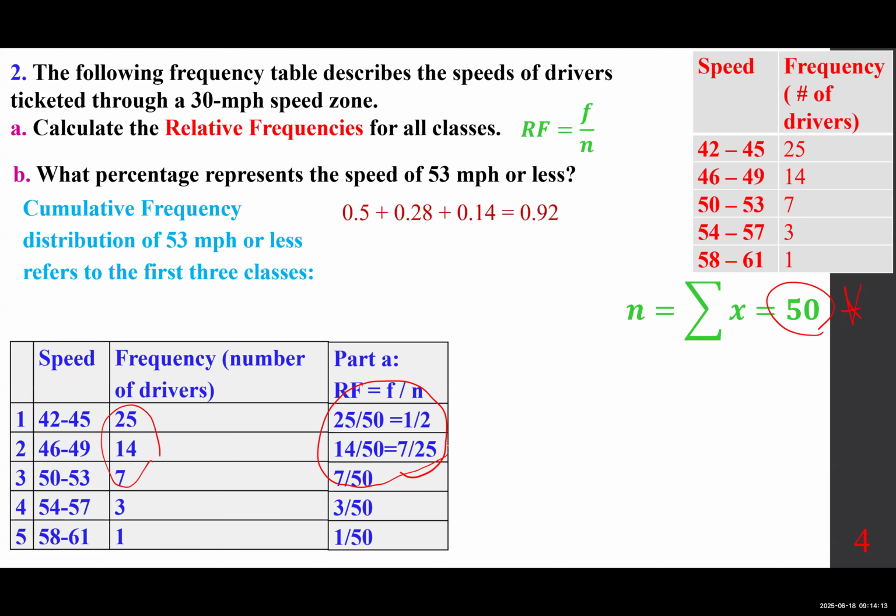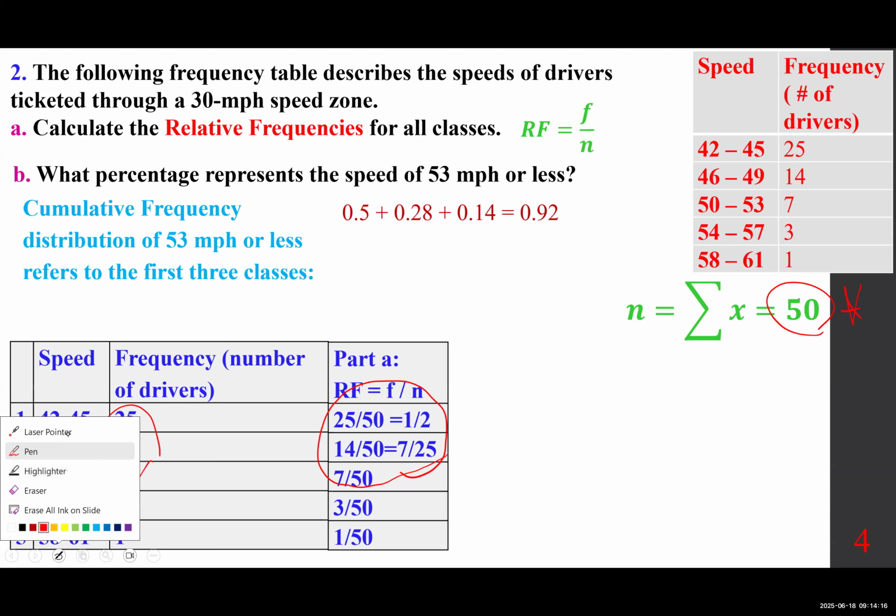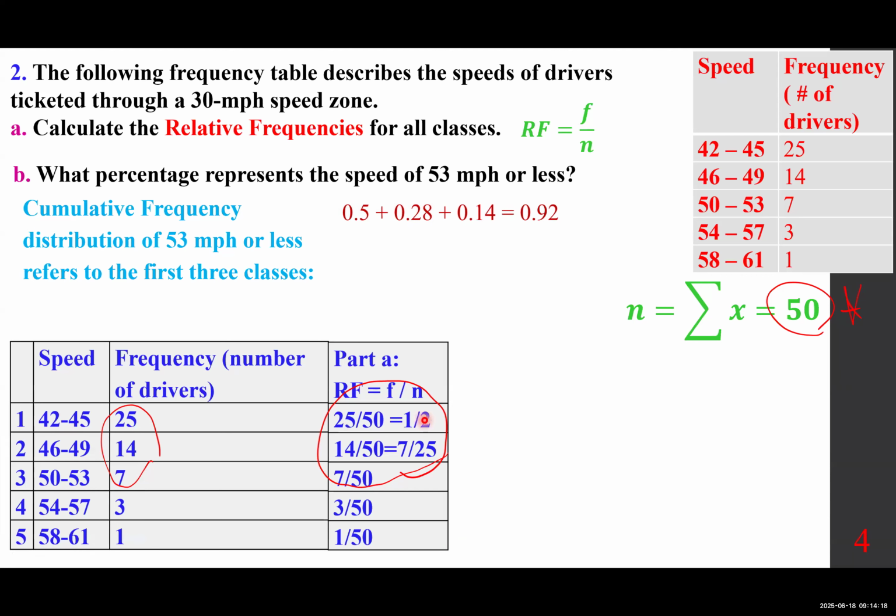Okay. And so what do we get here? 25 over 50 is 1/2 or 0.5. 14 over 50 or 28 over 100, 0.28, 7 over 50 or 14 over 100, add them up, 0.92. This happened to be exact, so it's not a big deal. Or as I said, just add them up in this fashion.